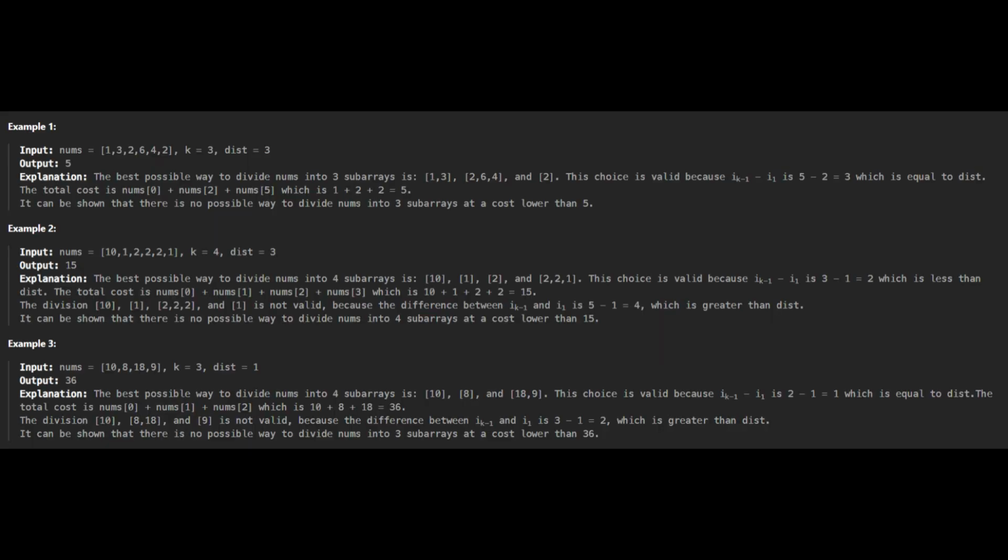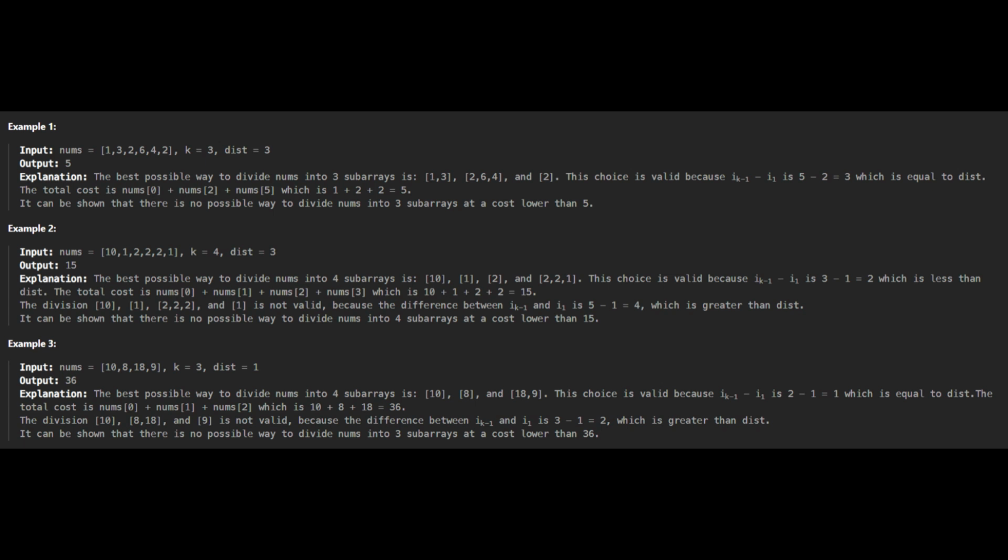Example 1. Let's look at the first example. We are given the array of elements, with k equals 3 subarrays and dist equals 3. That means we must divide this array into 3 contiguous subarrays, and the difference between the starting index of the second subarray and the last subarray must be at most 3. One valid and optimal way to divide the array is: first subarray is 1 and 3.